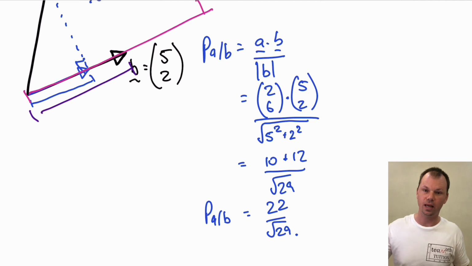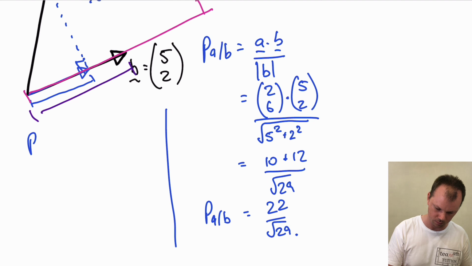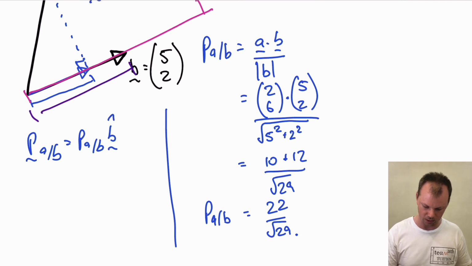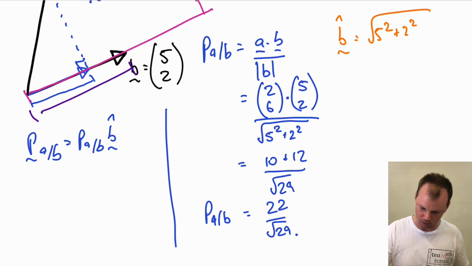When I'm calculating the vector projection, I'm getting my scalar projection and multiplying it by my unit vector. So let's calculate the unit vector. We'll do that up here. We've got 5 squared plus 2 squared. We've already done that, haven't we? It's root 29.